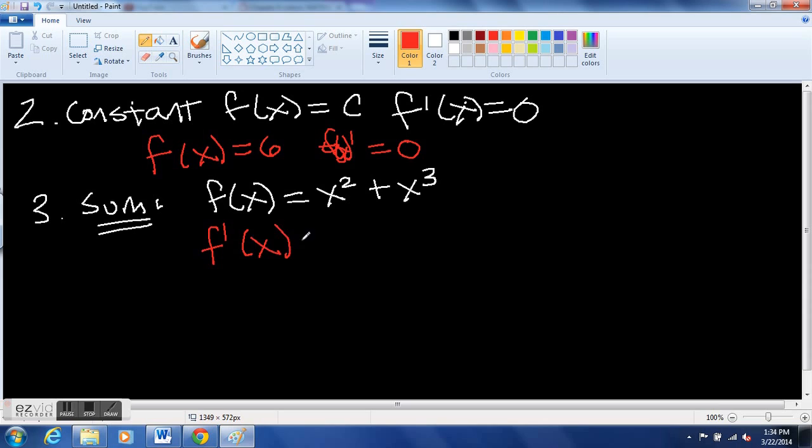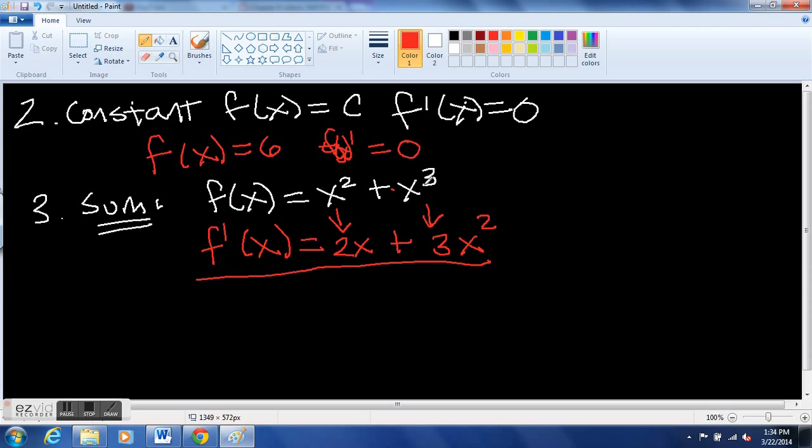So the derivative, we can just take the derivative of this piece, which is 2x, right? Power rule, exponent jumps in front, subtract 1, plus the derivative of this piece. Power rule, 3x squared. Again, the exponent jumps in front, subtract 1. So I took this derivative by taking each one and then adding them together.